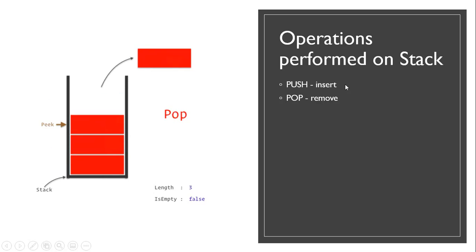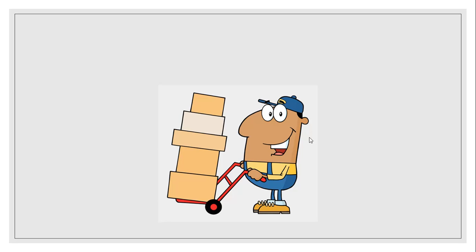These are nothing different, push or pop; they just have other names, insert and remove. If you want to insert values into a stack type of memory, it is called push. And if you want to remove values from the memory, it is called pop. Okay, nothing different.